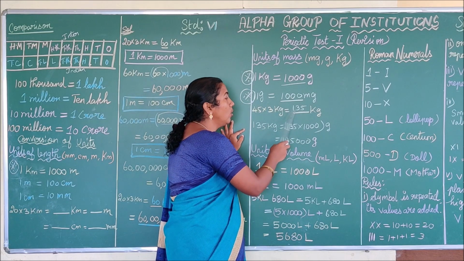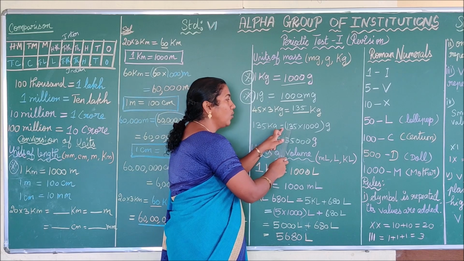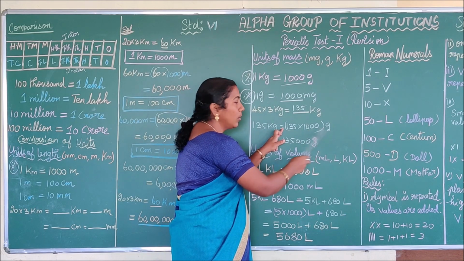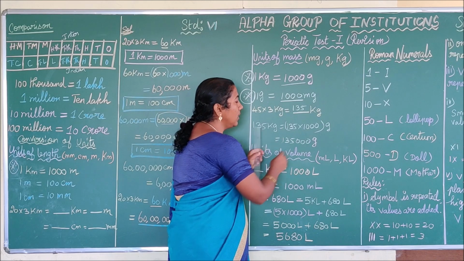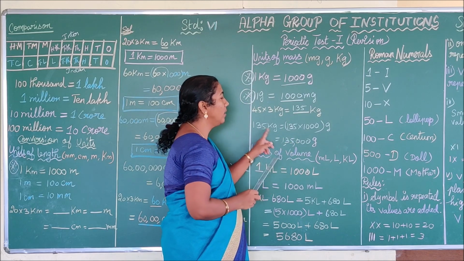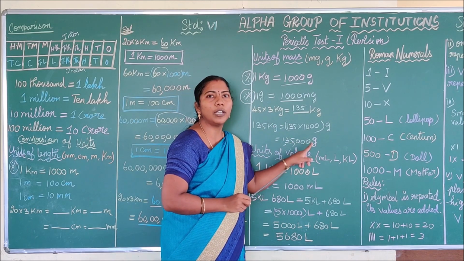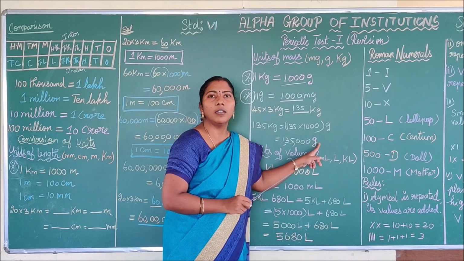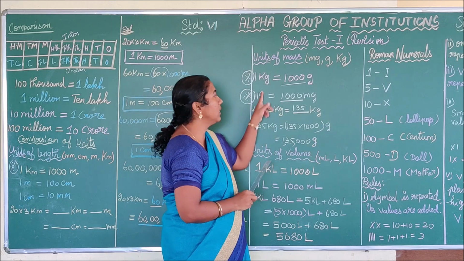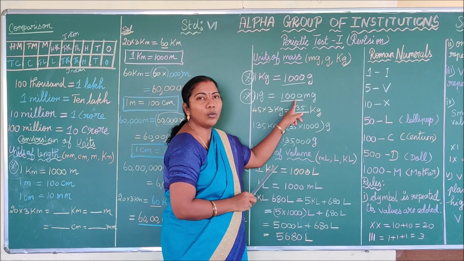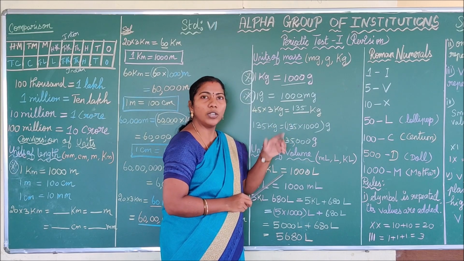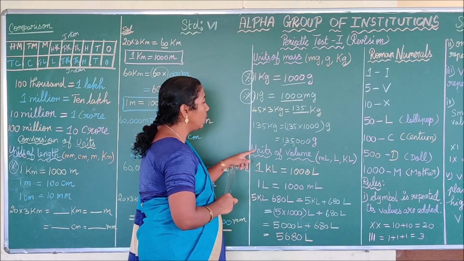So 135 kg equal to 135 into 1000. Here you have to write gram. So you have to write 135 along with 3 zeros. Thus we have converted kilogram into gram. To convert gram to milligram, you have to multiply it by 1000 using the formula 1 gram equal to 1000 milligram. Okay. You have to refer to the same model sums in your class. See the next one.